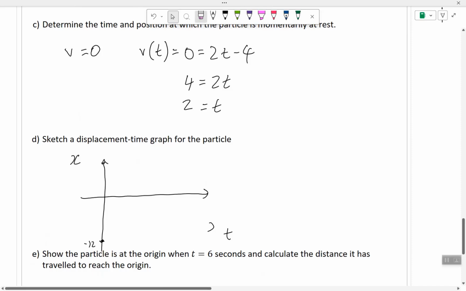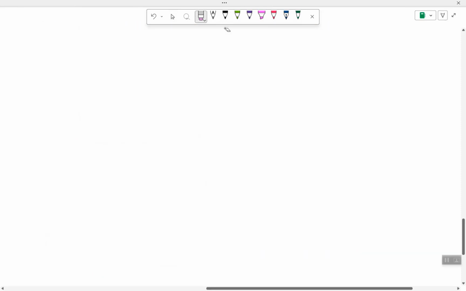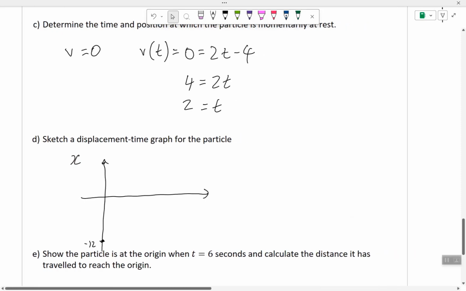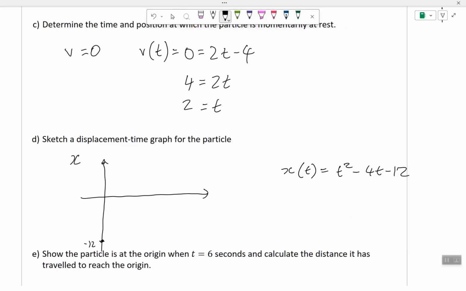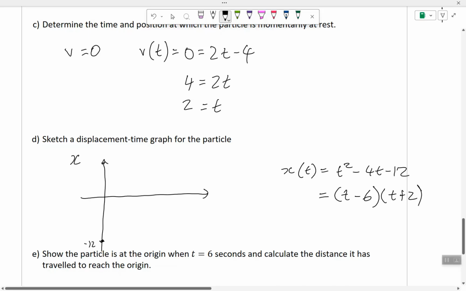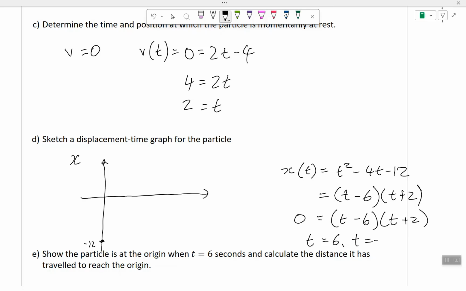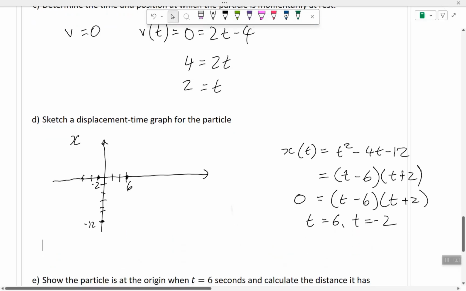So, we're going to factorize x. What are two numbers that multiply to negative 12 and add to negative 4? So if x is 0, t is going to be positive 6 or t is going to be negative 2. What about a turning point? Any ideas? We can look at the number in between these two.